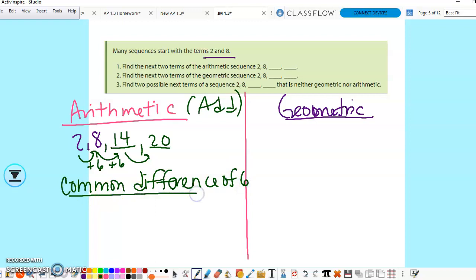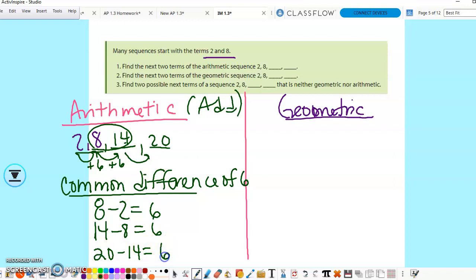So let me show you where the common difference comes from. If I take each set of two values next to each other, 8 and 2, 8 minus 2 is 6. 14 minus 8 is 6. 20 minus 14 is 6.